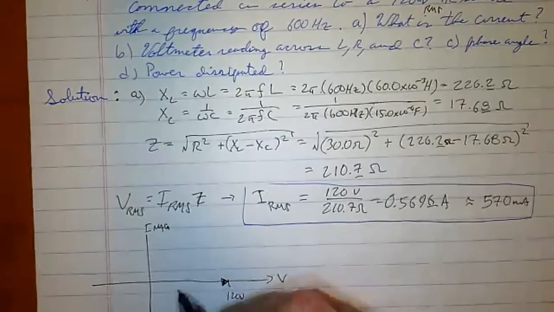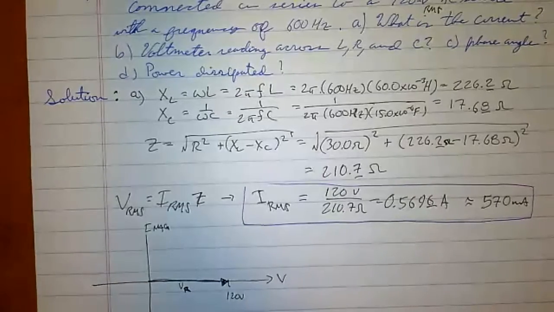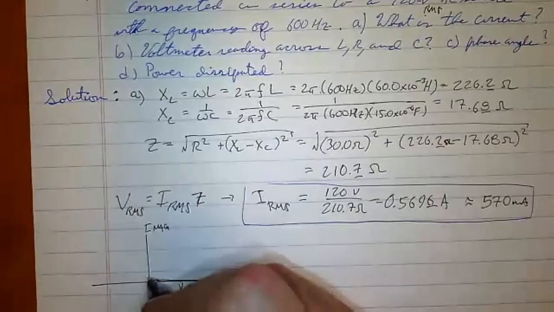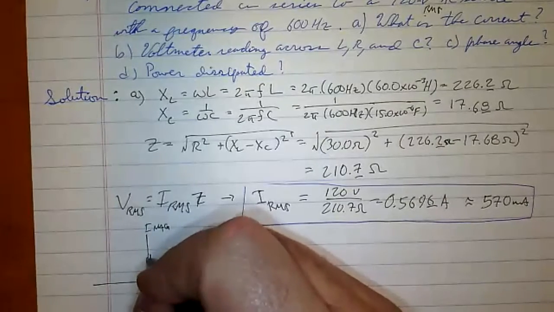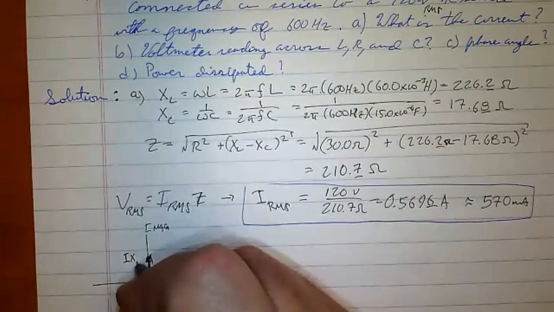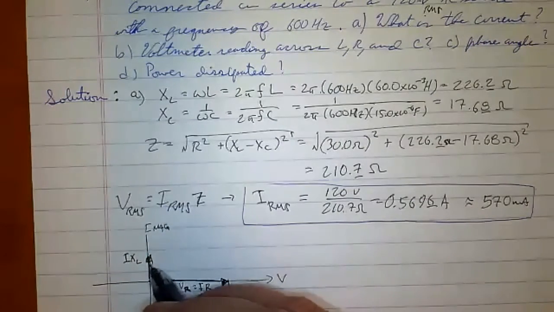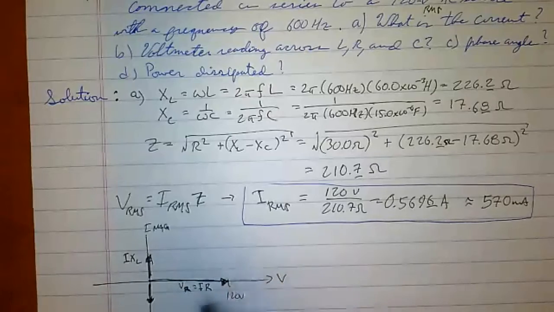So in this case, I got VR is the voltage of the resistor, and then in front of that, I have the voltage across the inductor, which is of course I times R. And then over here, I have I times XL, because the voltage leads the current in an inductor.